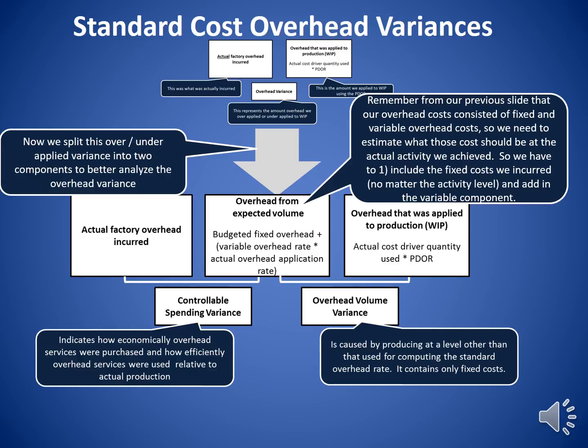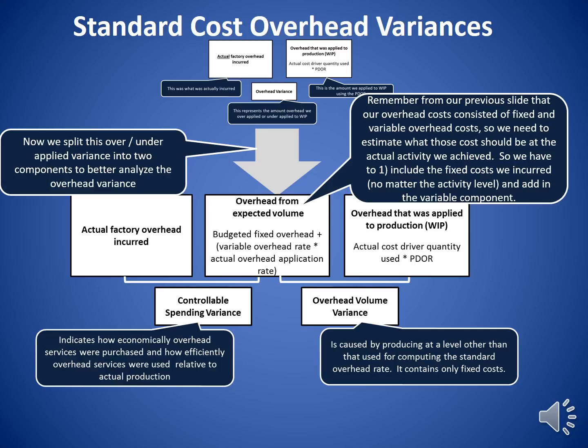So we have to, number one, include the fixed costs as we incurred no matter what the level of activity is, because they stay the same. And then we have to add in the variable component of our overhead costs. So that's why it looks rather complicated, that overhead from expected volume calculation.